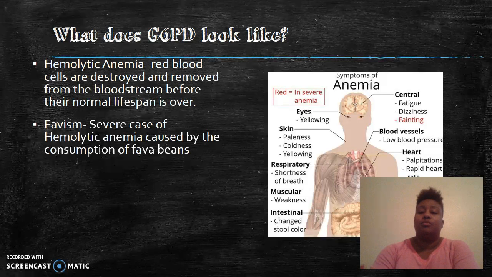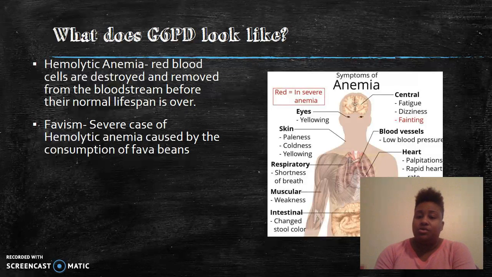So what does it look like? Well, because in G6PD deficiency your red blood cells destroy themselves and they're removed from your bloodstream, that leaves you with a low amount of red blood cells, leading to anemia. So if you're anemic, you can be fatigued, you can experience dizziness, paleness, coldness, yellowing of the eyes and skin, known as jaundice, shortness of breath, muscular weakness, palpitations, rapid heart rate.